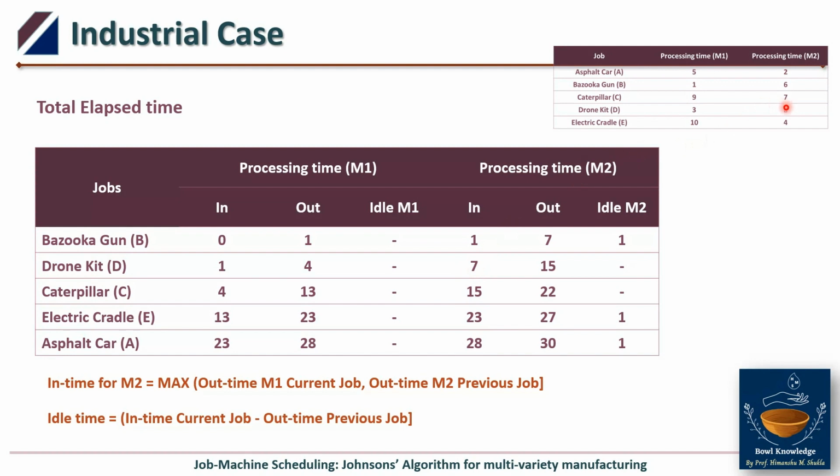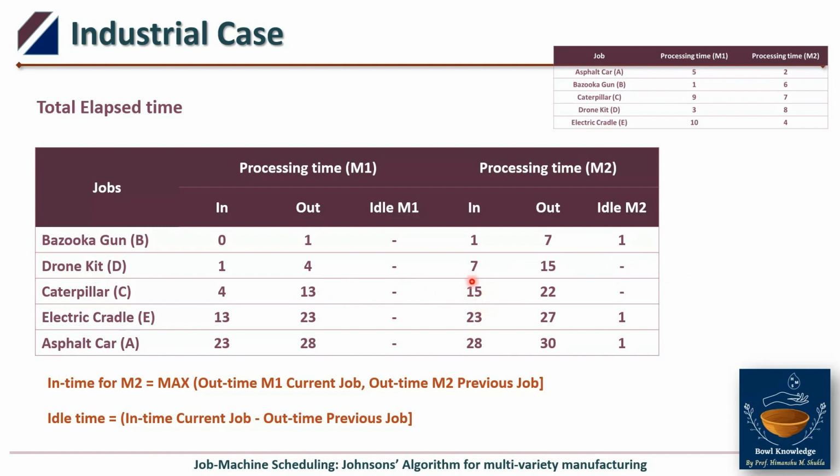So 7 plus 8, it is 15. Now 15 cannot be taken directly. We have to see current job's machine 1 is 13, previous job's machine 2 is 15, which is maximum, 15. So what is maximum out of 13 and 15? 15. That's why 15.